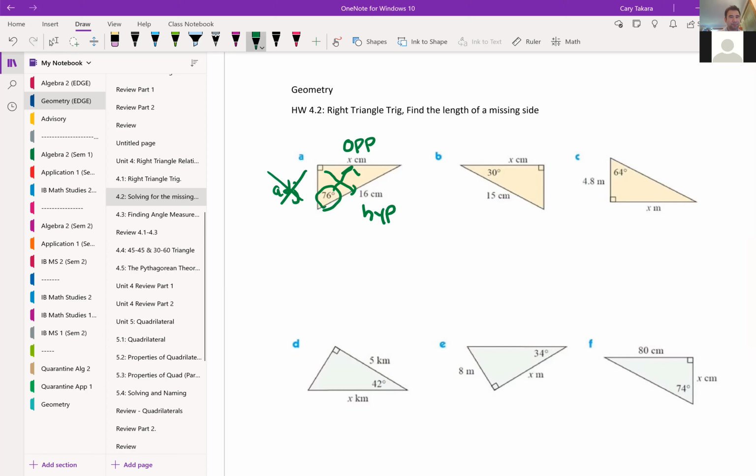Let's set it up. Sine of 76. Always, the angle comes after sine, cosine, tangent. Sine of 76 equals opposite, which is x, over hypotenuse, 16.